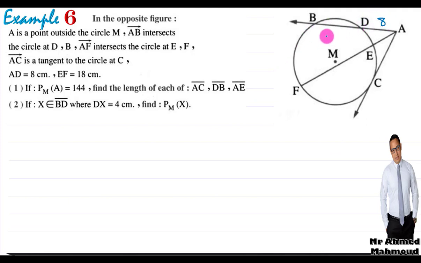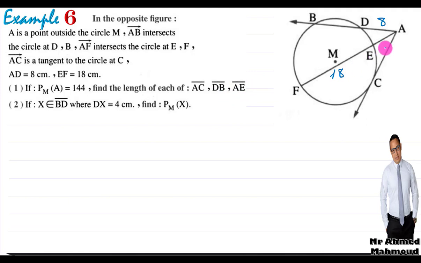EF equals 18. And the power of A with respect to circle M equals 144. Find AC, DB, and AE.